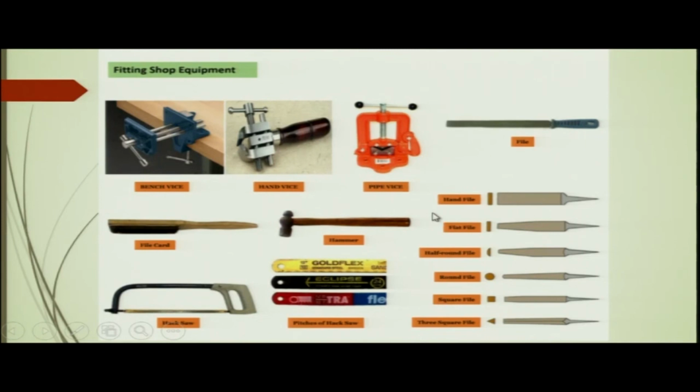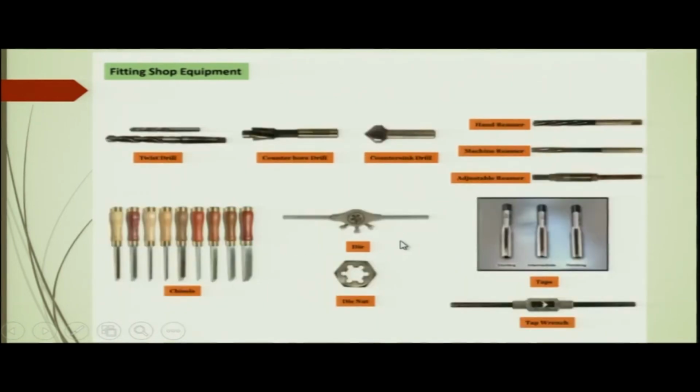This is the normal hammer, so that you can see. Other equipment, or other instruments or tools, are the twist drills. These are the drills, called the twist drill. Two different drills are shown here, one whose diameter is less than the other, both are twist drills.